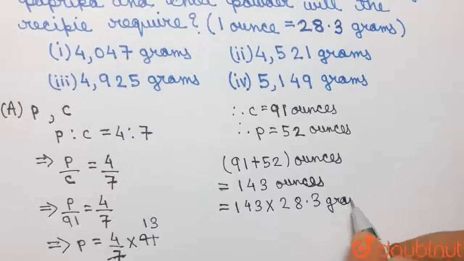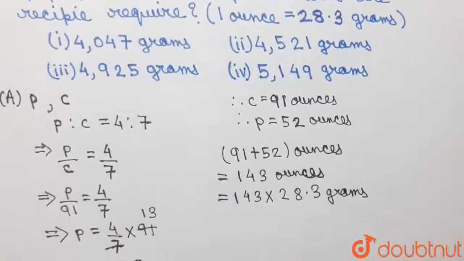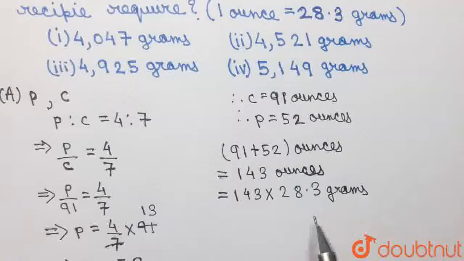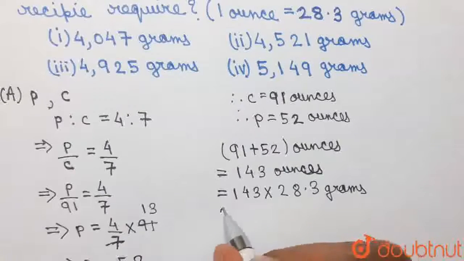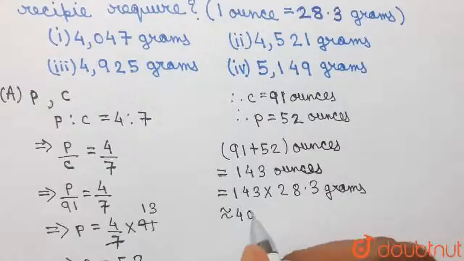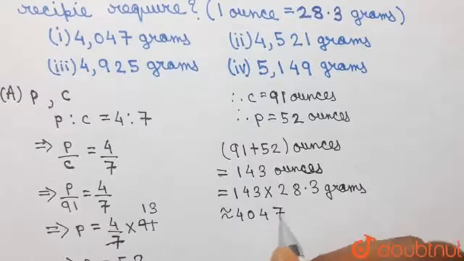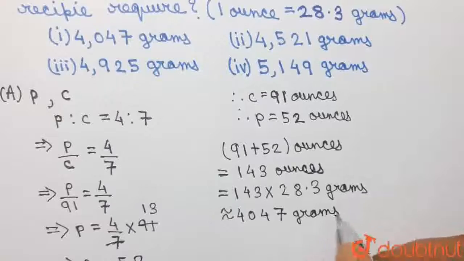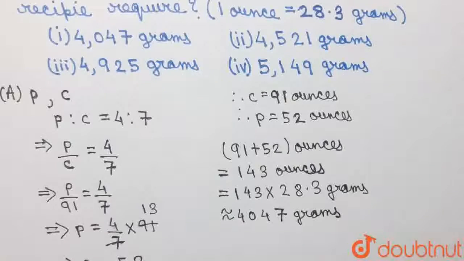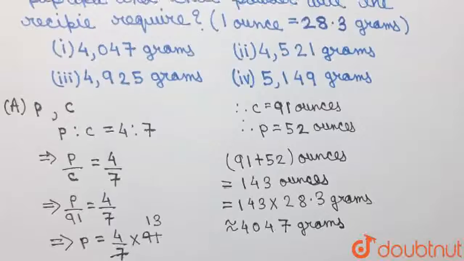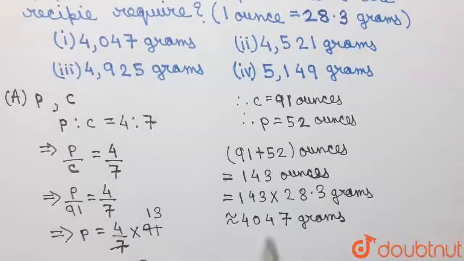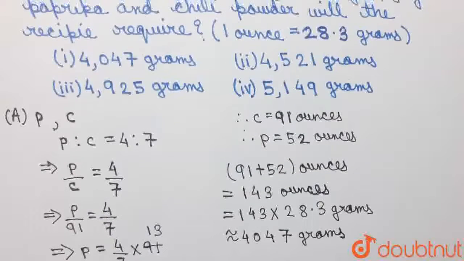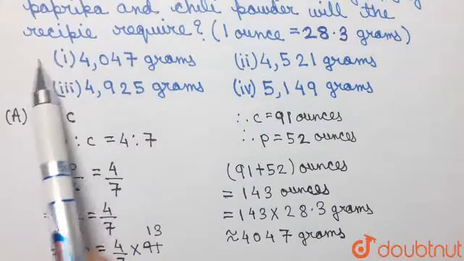And this product 143 into 28.3, when calculated using a calculator, comes out to be approximately 4047, and the unit is grams, as we have converted from ounces to grams. So finally we can conclude that the total grams of paprika and chili powder that the recipe will require is equal to 4047. And going through the options, we can see that obviously option number 1 is the correct option.